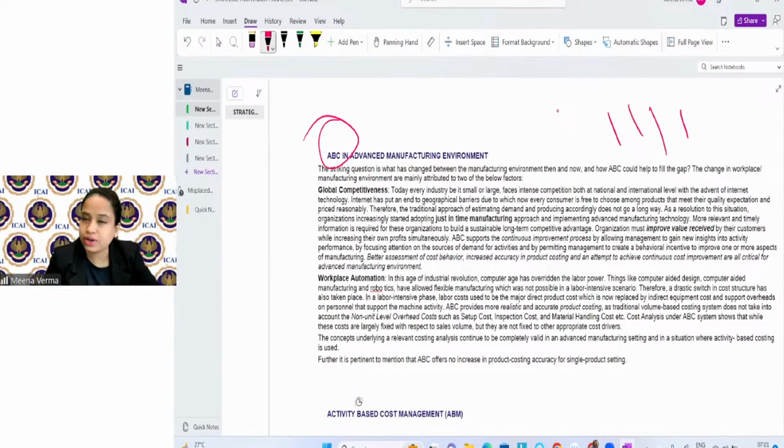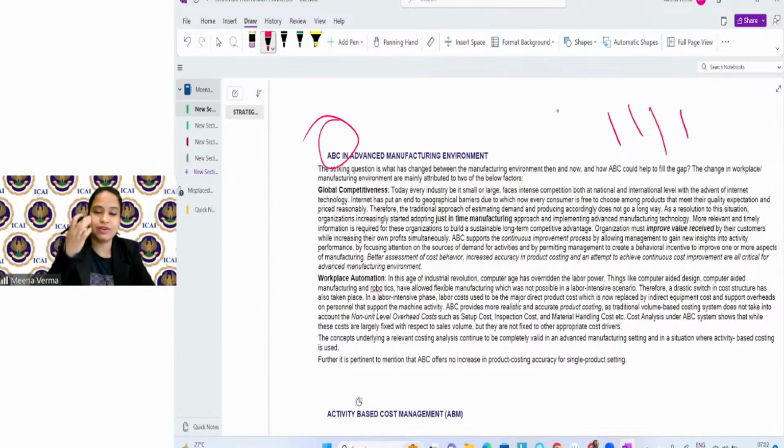Because you are not allocating the cost considering just one factor, either unit or labor or machine hour. Instead of one factor, we are considering multiple factors, the actual factors that are affecting the cost, and on the basis of which we allocate the cost.